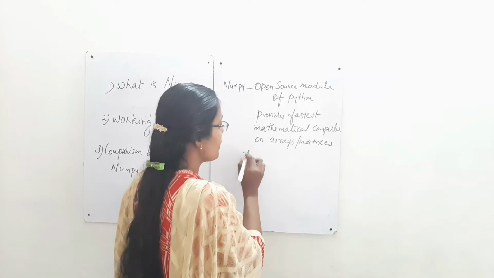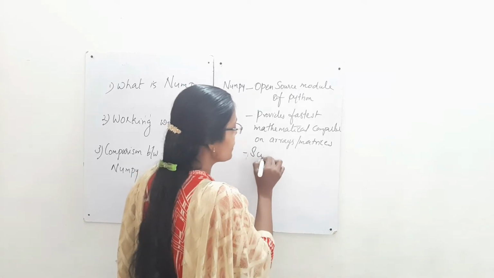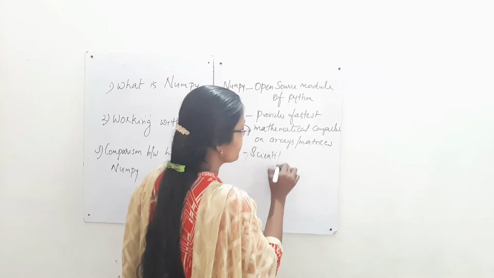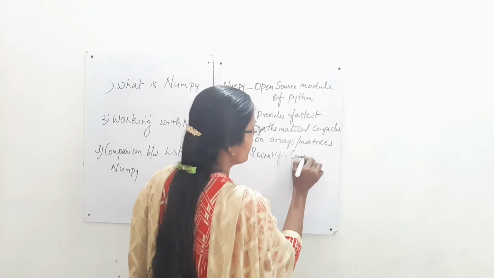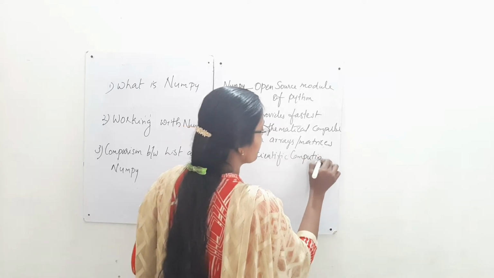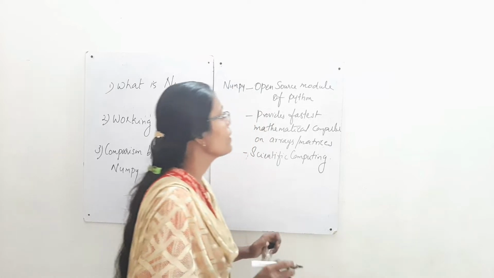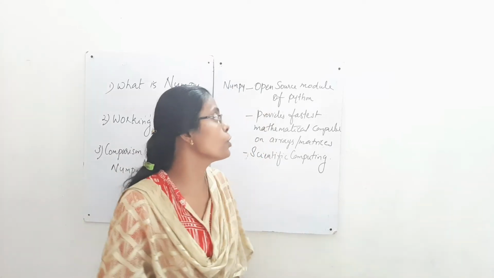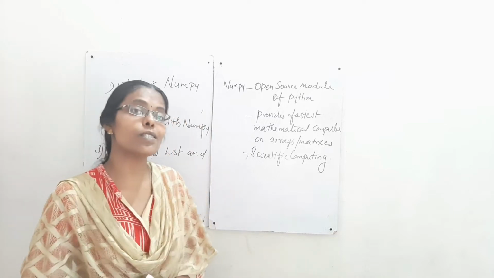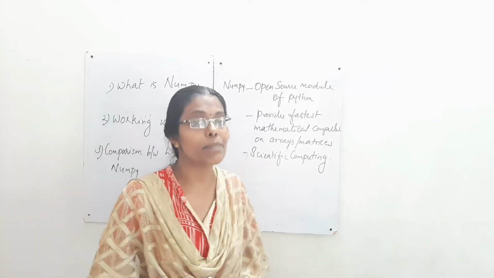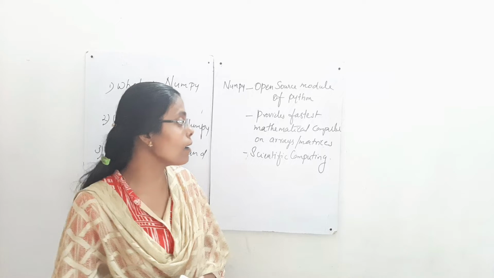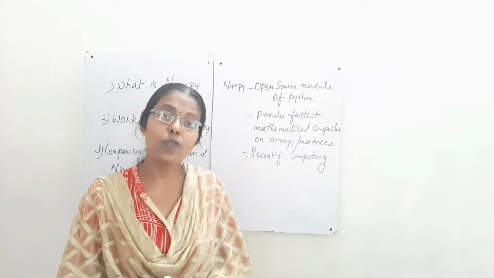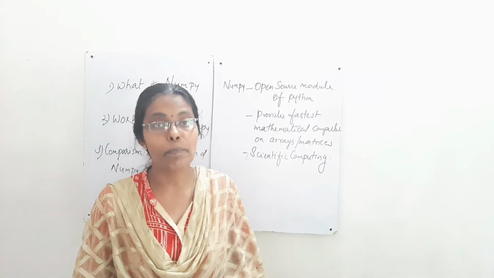Okay, and it is used for scientific computing. These are the main points we need to remember. It's an open source module of Python and what is its use? It provides the fastest mathematical computation on arrays or matrices. Then it is used for scientific computing.